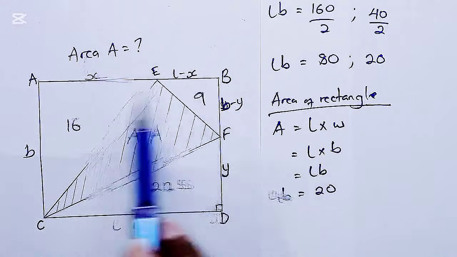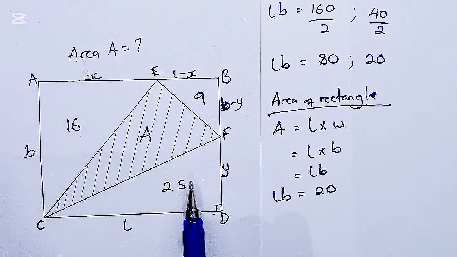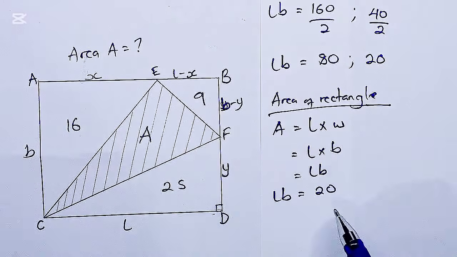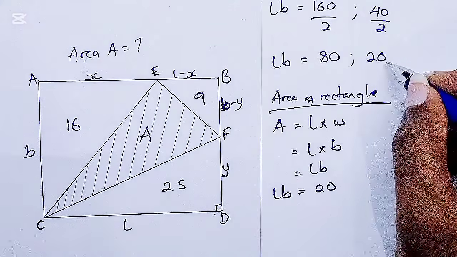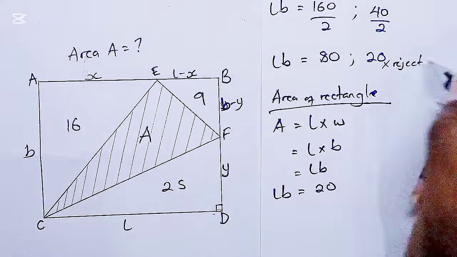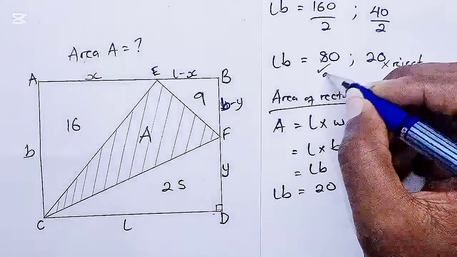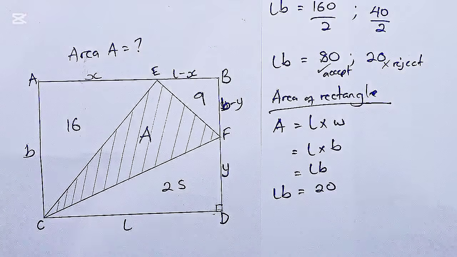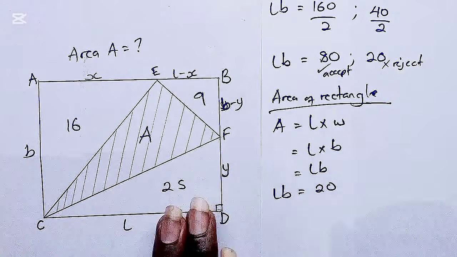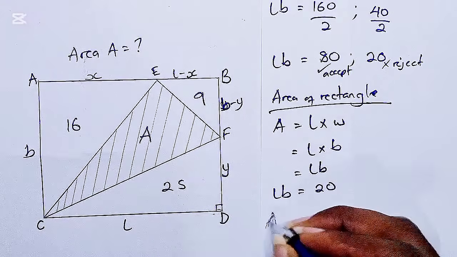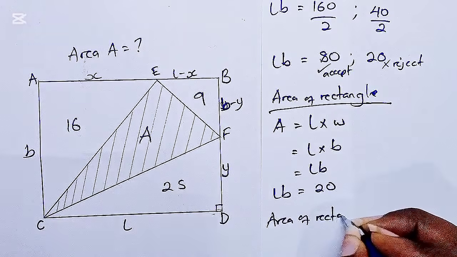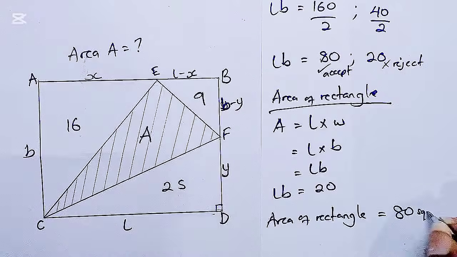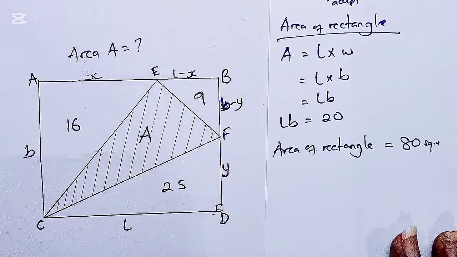If you add the areas here and here and here, you get 50. So the area of the whole rectangle cannot be 20. Therefore, we reject this solution and only consider the area as 80. So we've established that the area of the rectangle is 80 square units.